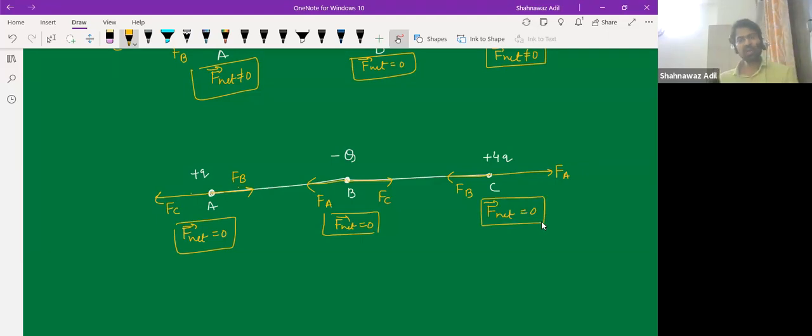So now you guys know which charge, what should be the nature of the charge we should put so that this system is at equilibrium. So what should be the nature?